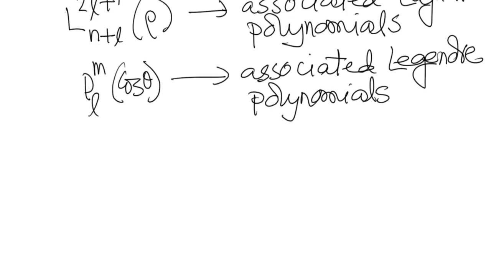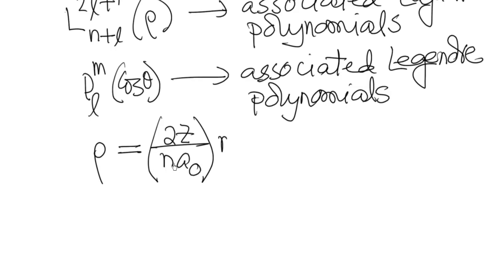And where rho is twice z divided by n a naught, times r, and this a naught is a constant which is given by this.